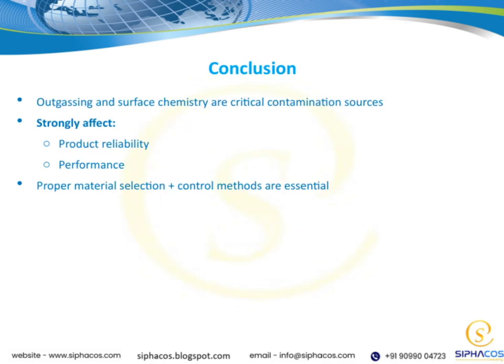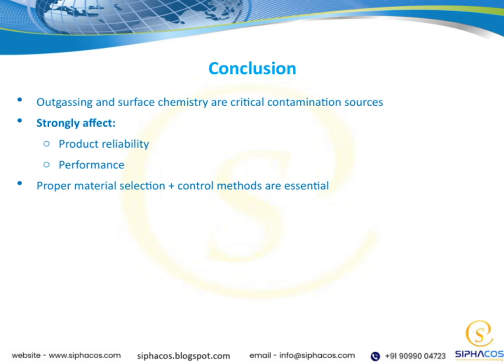Let's wrap up with some key takeaways. Outgassing and surface chemistry are really critical sources of contamination that we need to pay close attention to. These factors can strongly influence the reliability of our products as well as their overall performance. It's not just about avoiding immediate issues, but also about ensuring long-term functionality.